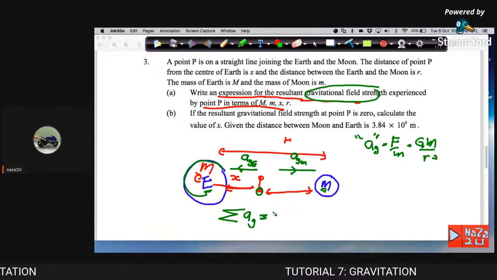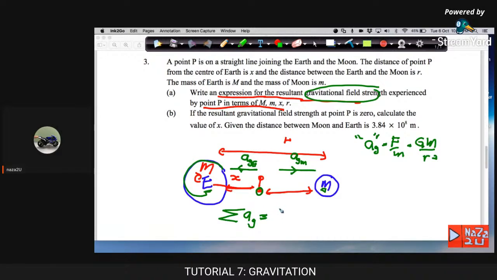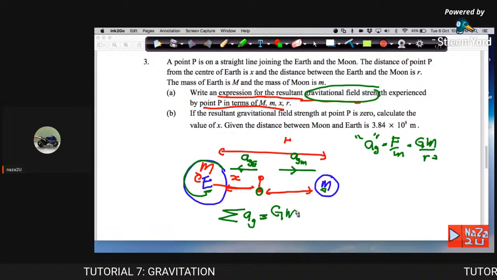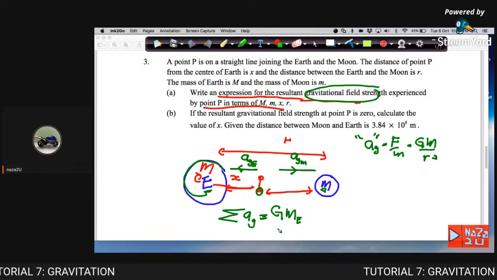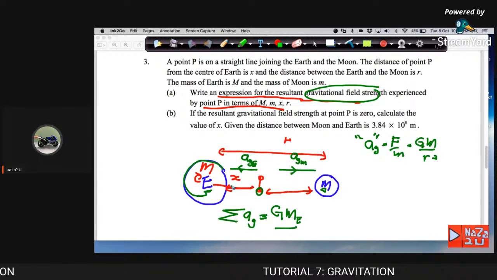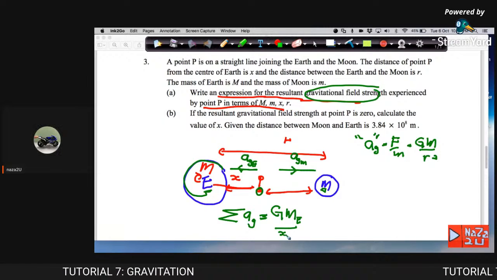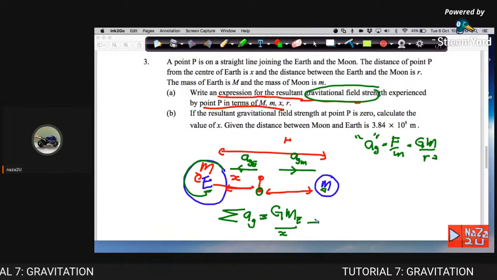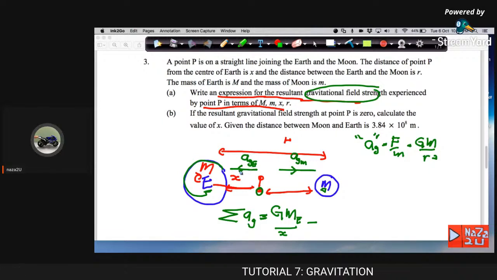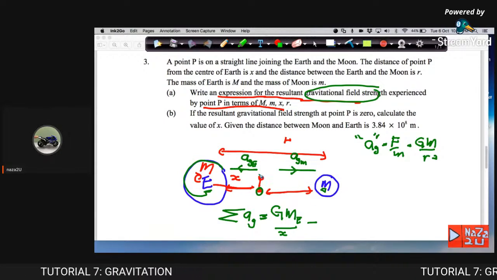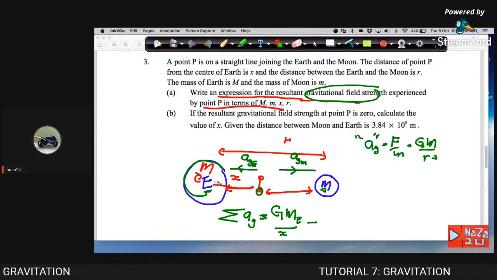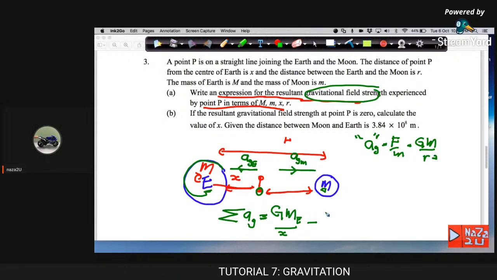Yang besar kita ambil yang katalah positif. So GM of the Earth divided by the distance from P to Earth is X squared. Minus, because to the Earth is to the left, this is to the right. Or you can use positive or negative, depend. But saya ambil sini positive because AG bumi lagi besar daripada AG bulan.